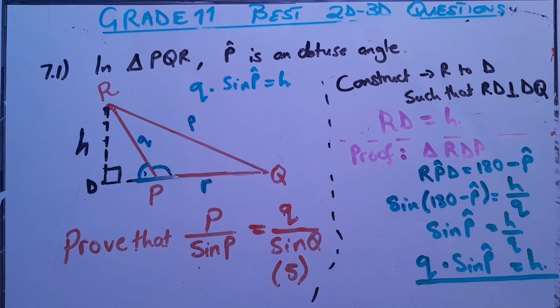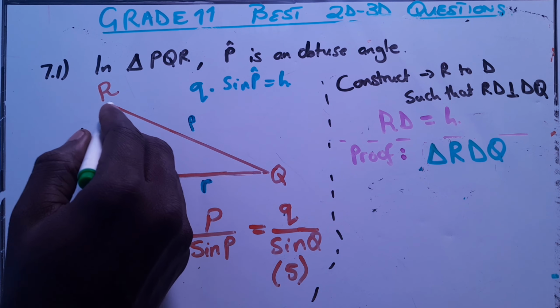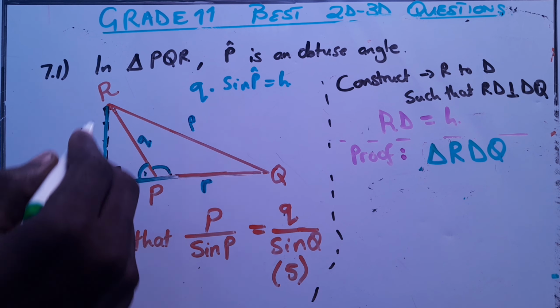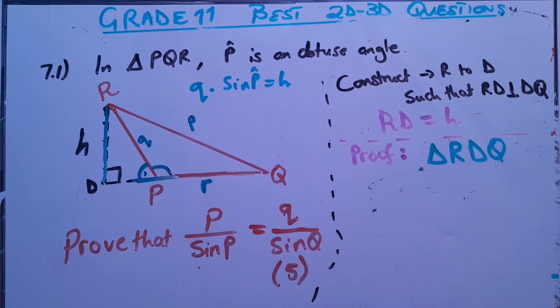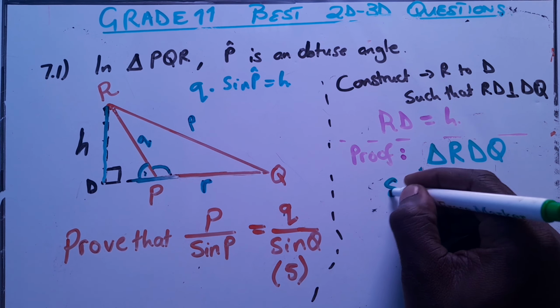So let's go to the second part of the proving. Now let's go to triangle RDQ, this whole bigger triangle. We can see in the bigger one that sine of angle Q is equal to the opposite over the hypotenuse. Our opposite is h, our hypotenuse is p, so it's equal to h over p.